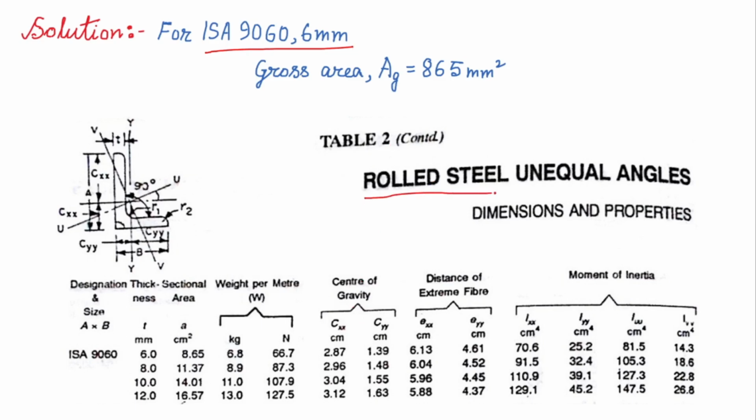In the steel table for rolled steel unequal angles, ISA 90 into 60, the cross sectional area is 8.65 centimeter square. If you convert it to mm, it will be 865 mm square. This is the cross sectional area of the angle. So AG is 865 mm square.